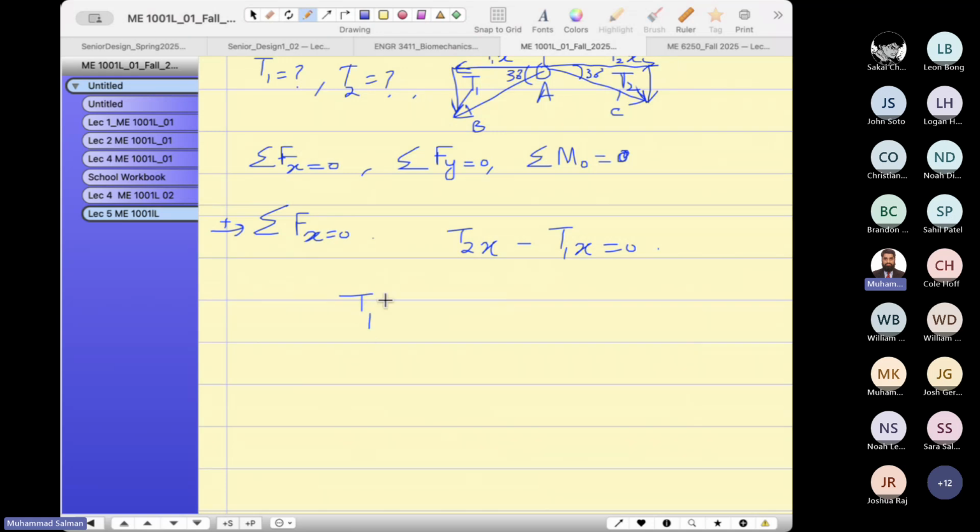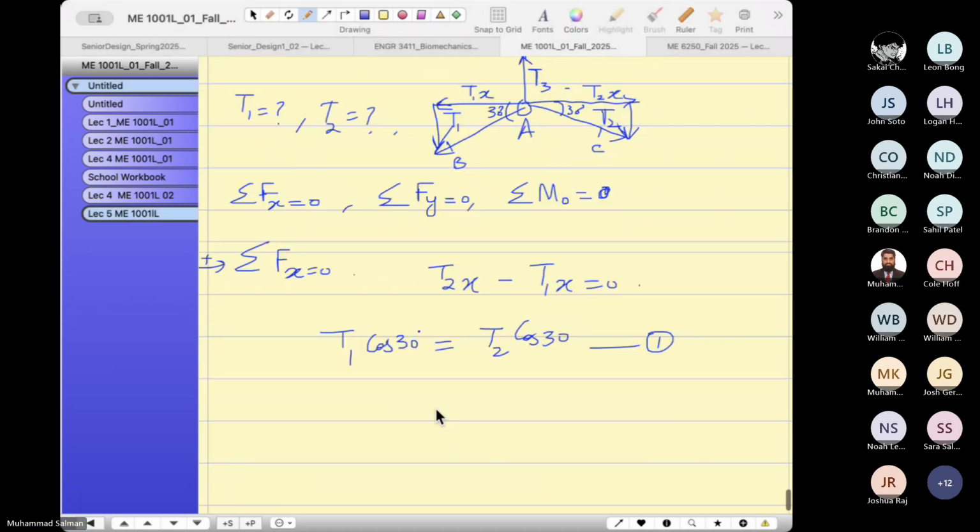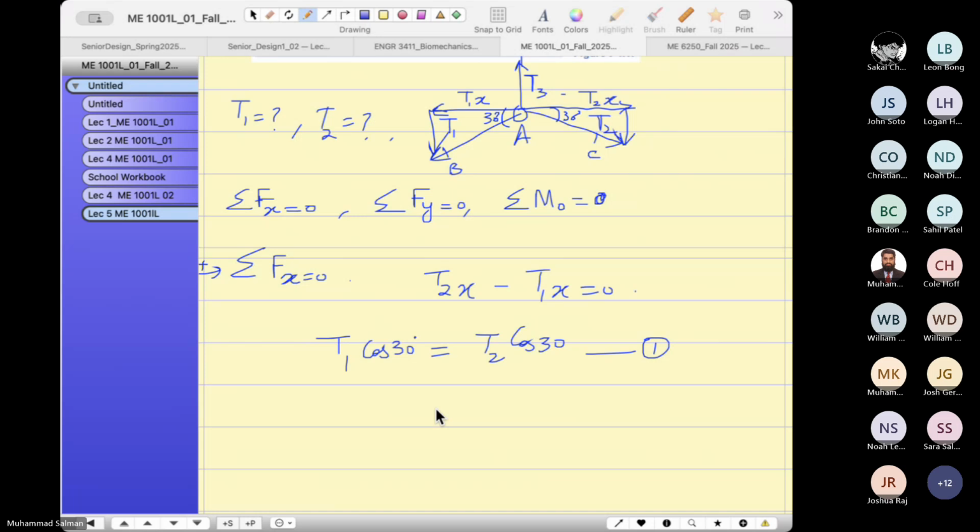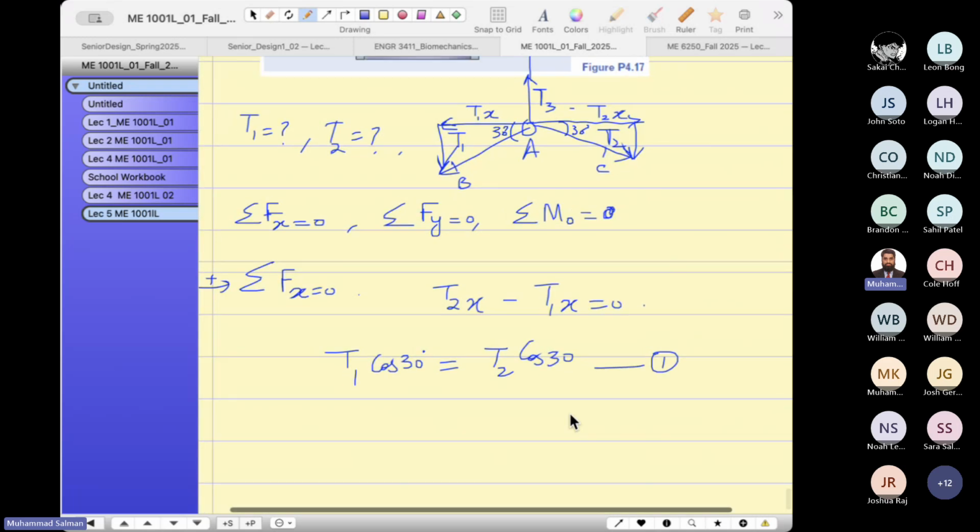So T1 cosine 30 equals T2 cosine 30. Agreed? Please type in yes in your chat box if you agree with your professor. Alexander says yes. Okay, good job.